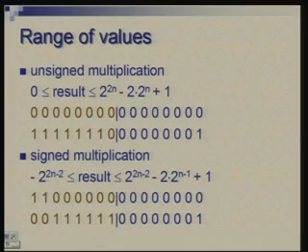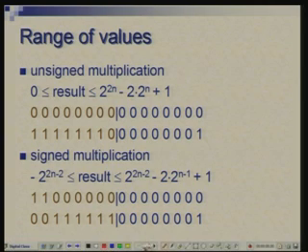So, now finally, let us look at what is the range of values which a multiplication would produce. When you are talking of unsigned numbers, the result would vary between 0 and this term which is nothing but the square of 2 raised to power n minus 1.